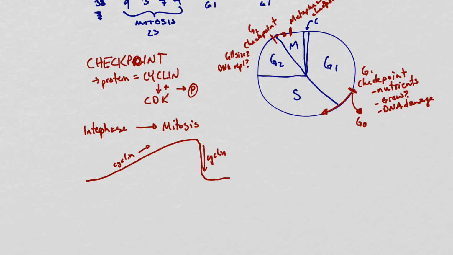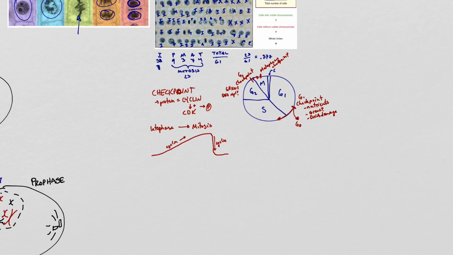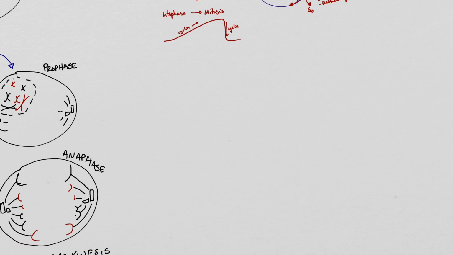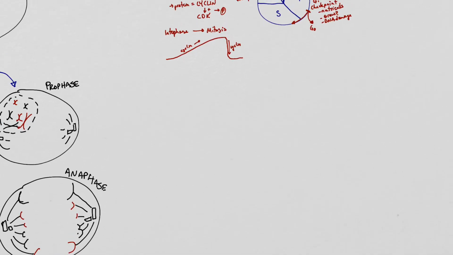So let's talk about what happens when these kinds of things mess up. When the whole cell cycle makes mistakes and we get problems happening, we end up with cancer. And cancer involves the development of tumors. We don't want tumors, but tumors are these abnormal cell growths.